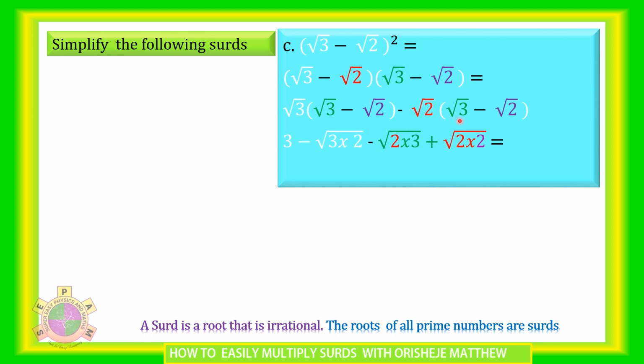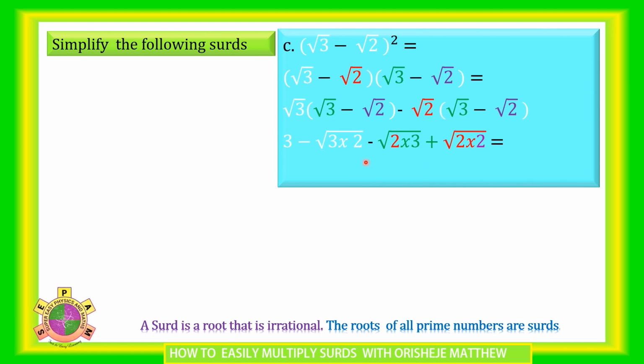Then let's go to the second bracket. Negative root 2 multiplied by root 3 will become negative root 6. Then negative root 2 multiplied by negative root 2 will become plus root 4.